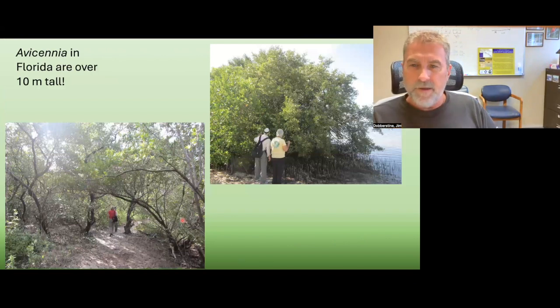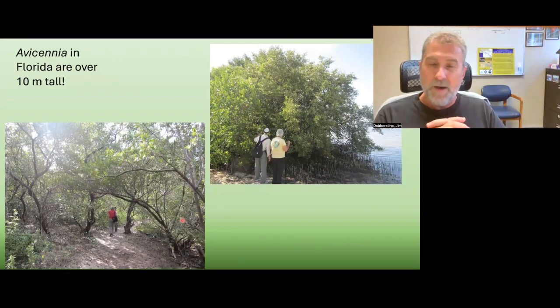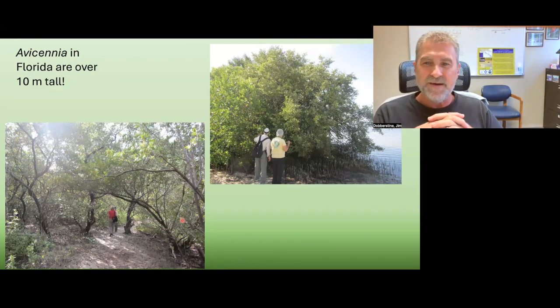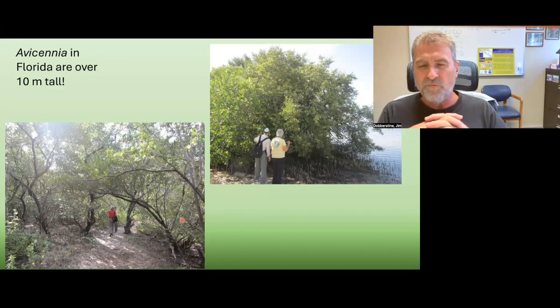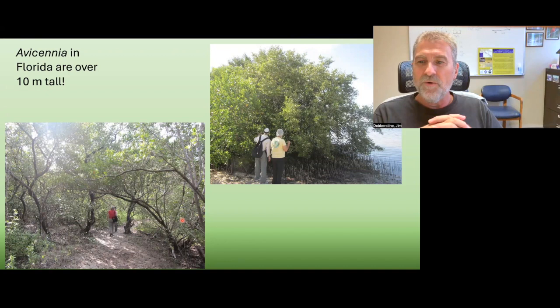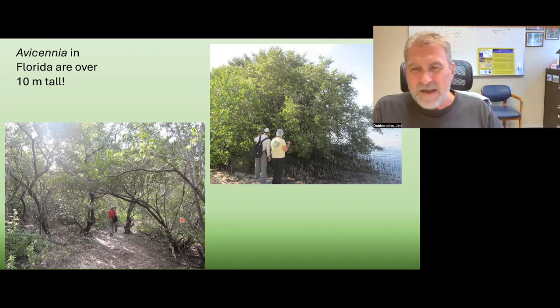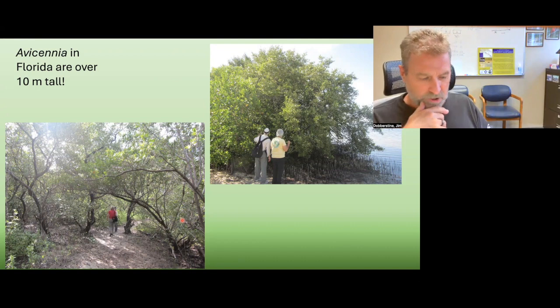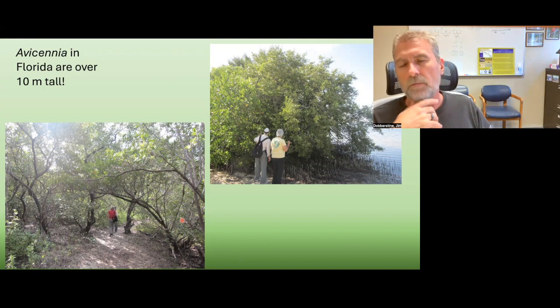In Florida, I did not take these photos, and I have not personally seen Avicennia this large, but I've been led to believe they can be over 10 meters tall. So it depends on how often they see freezes. There are other factors involved as well, but certainly winter conditions are a factor. The warmer it is, and the more consistent those warm temperatures are, the larger the trees can be.